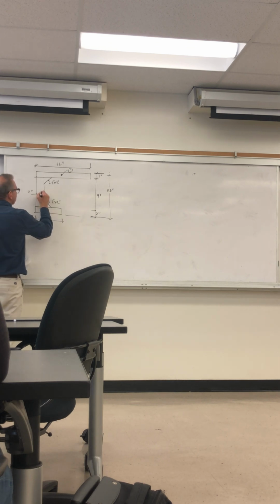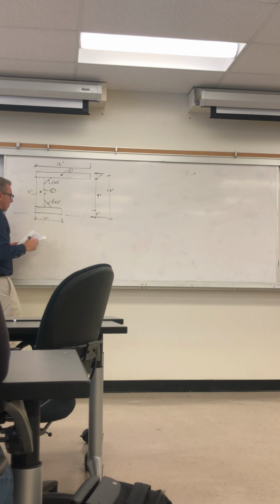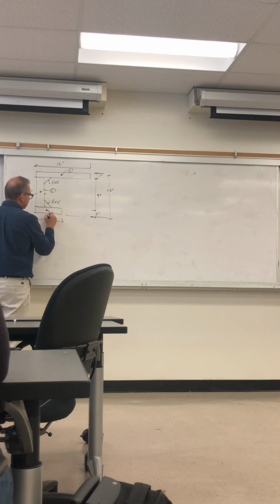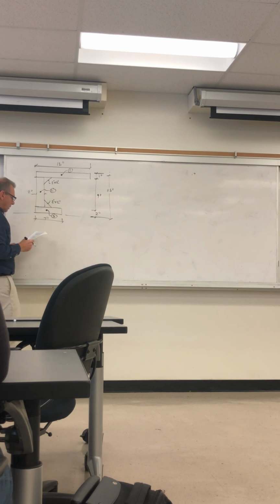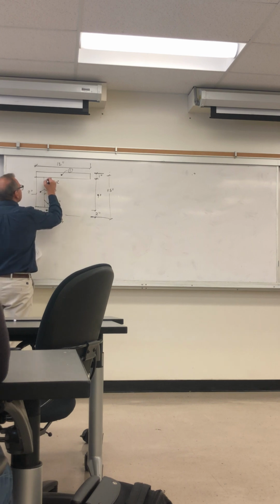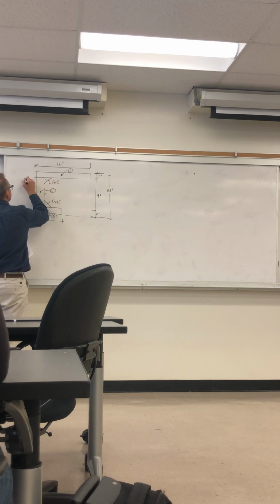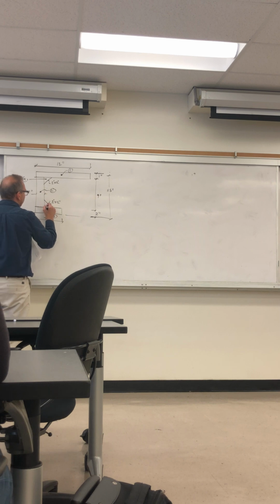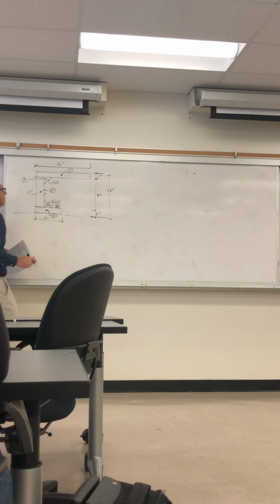This is 2. 3. And then I have 4. This triangle, and then 5. So we have to include all 5 of those. They're all interconnected, they're all acting together.